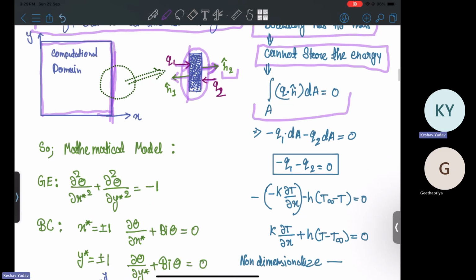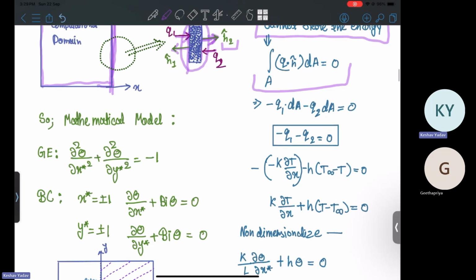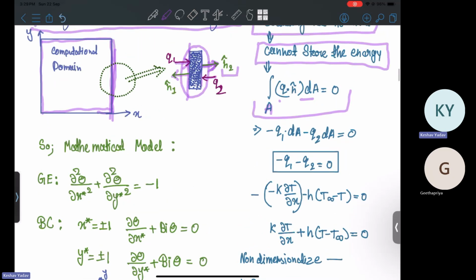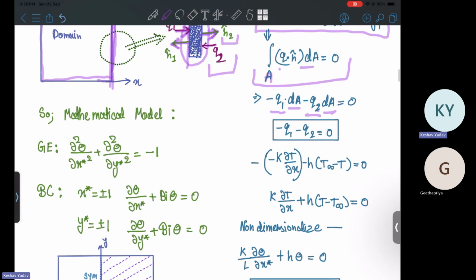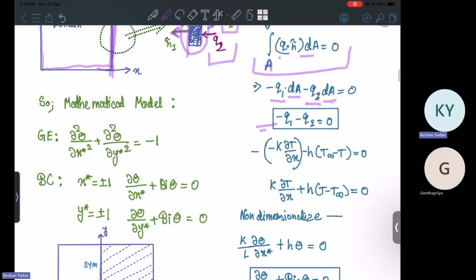Whatever is coming in will go out also. So across the area, the integral of q dot n hat dA will be equal to 0. There are only two cases here. From here, q1 is coming and the area vector points outside, so that will be minus q1 dA. Similarly, at this surface, it will be minus q2 dA. That will be equal to 0. From here, we can write that minus q1 minus q2 is equal to 0.